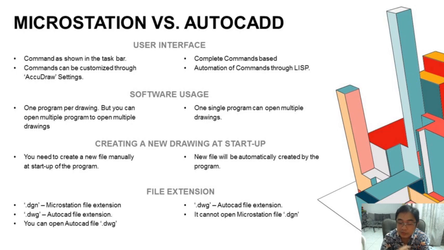This is actually very helpful. In the lower versions of Microstation, it doesn't have this feature. So whenever we wanted to open a drawing from an AutoCAD file, we needed to convert it in order to open the AutoCAD drawings in Microstation.